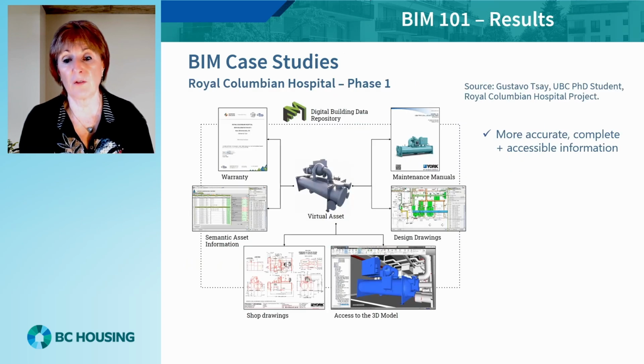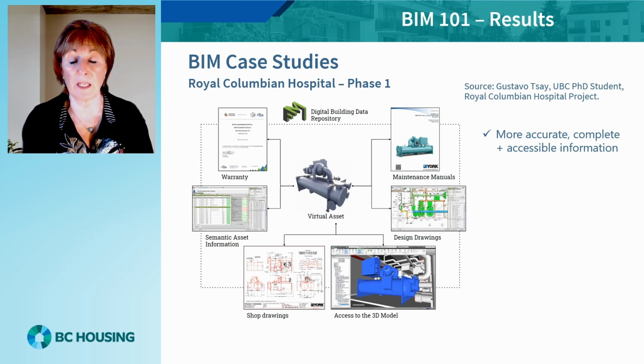This is a case study from a local project, the Royal Columbian Hospital, RCH Phase 1, with which we were involved. In this project, data and documents were collected relative to installed assets and tied to design intent assets before being exported to Maximo.